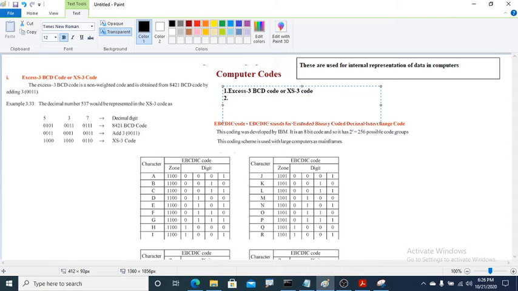The second is EBCDIC. What do we mean by EBCDIC?